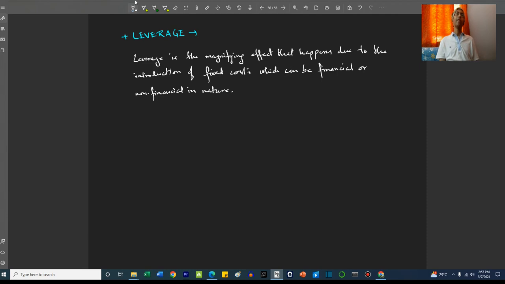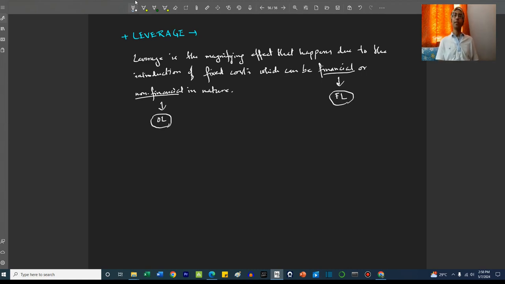So leverage is the magnifying effect that happens due to the introduction of fixed costs, which can be financial or non-financial in nature. When the fixed cost is non-financial in nature, the leverage is called operating leverage. And when it is financial in nature, the leverage is called financial leverage.